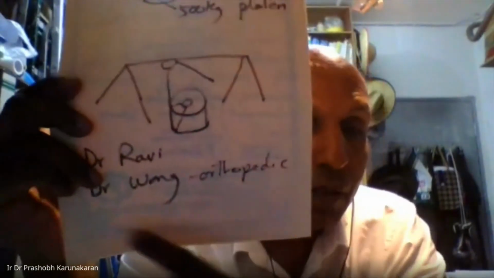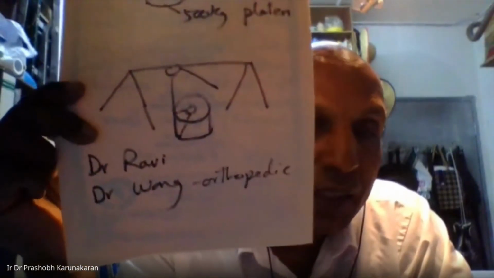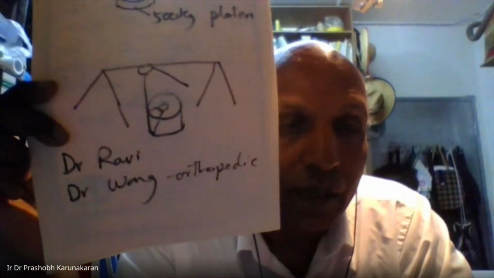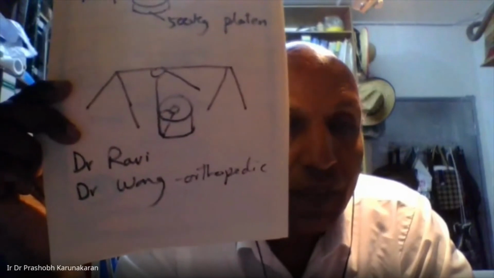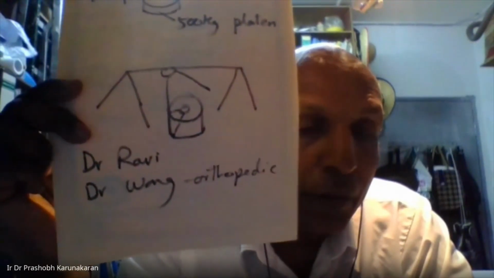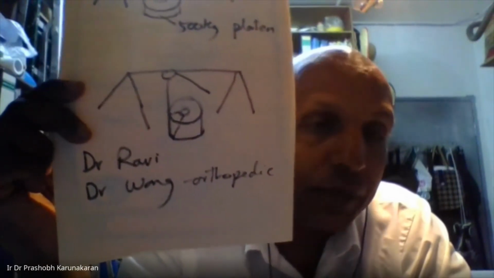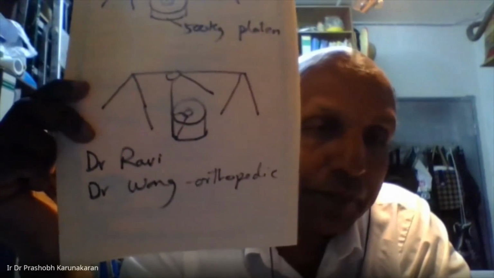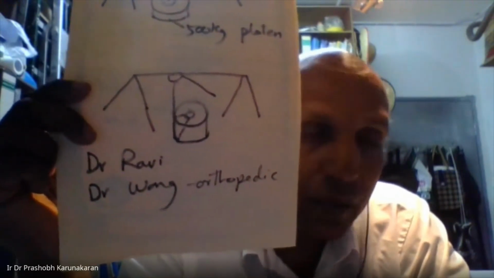Dr. Wong in Kuching General Hospital is a top orthopedic guy in Malaysia. Any place in Malaysia that has a serious orthopedic problem, he'll fly down to solve it. He's very top. And in Kuching General Hospital, that means the cheapest one.